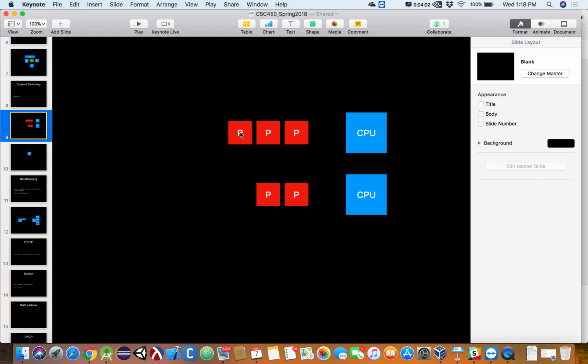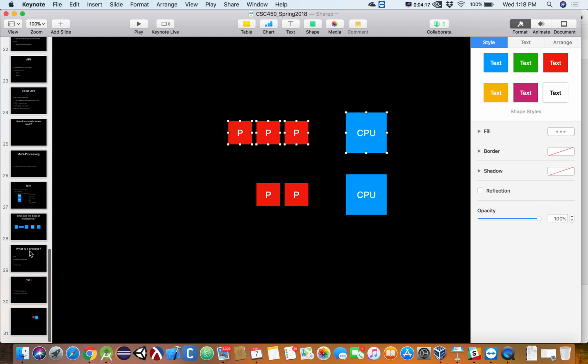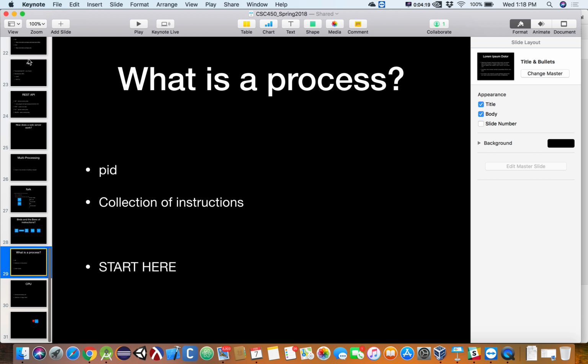There we go. So if we have a couple of CPUs in our system and these processes are being scheduled for these CPUs, whether you have two CPUs or one CPU, in fact, maybe one CPU is the easier example to explain this. So I'll just put this back down by where our what's a process guy here.